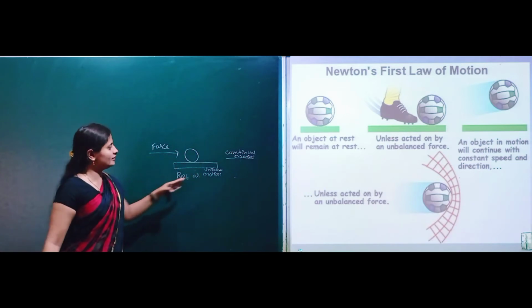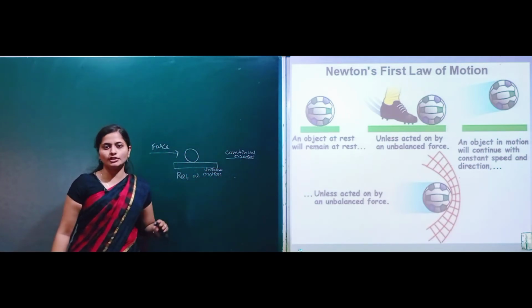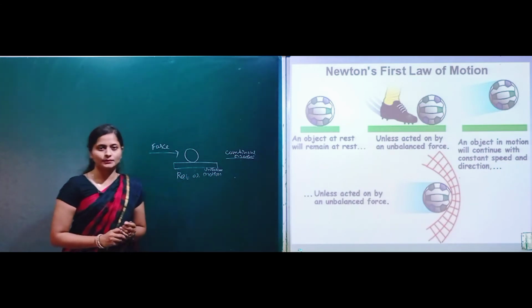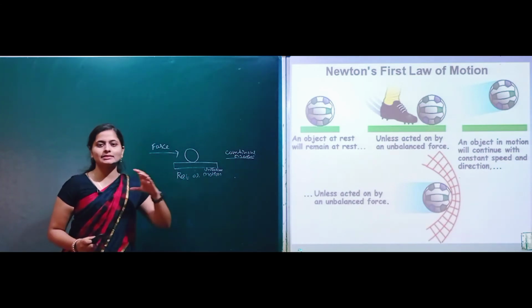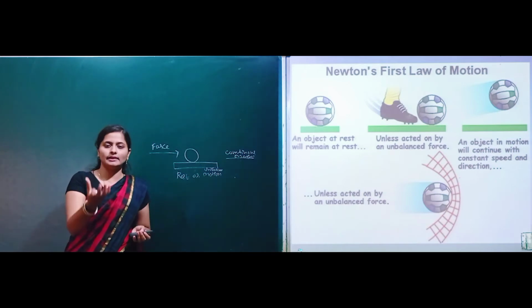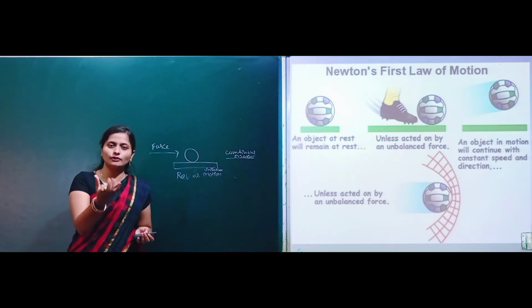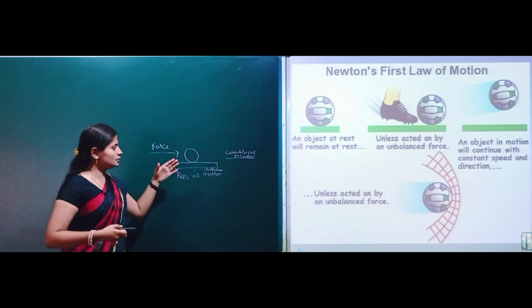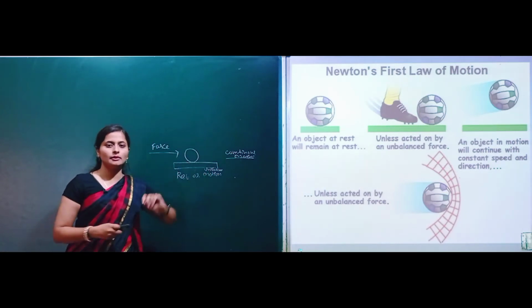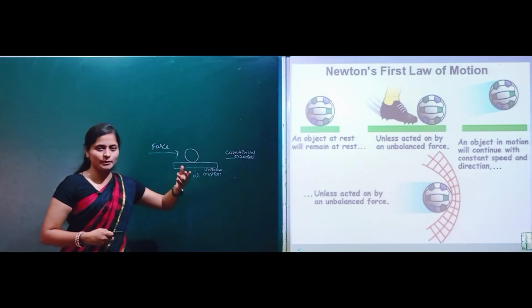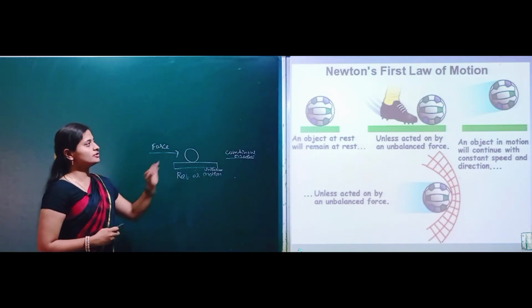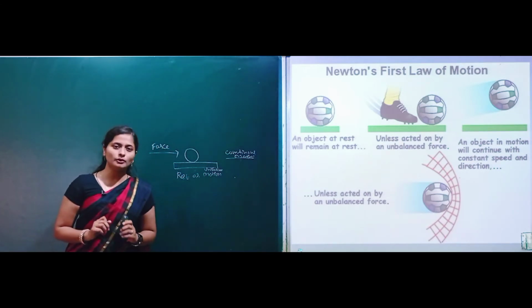This is known as Newton's first law of motion. Got it? When we apply a certain force to an object at rest or in uniform motion, it will start a continuous motion, or a continuous speed takes place. So this is Newton's first law of motion.